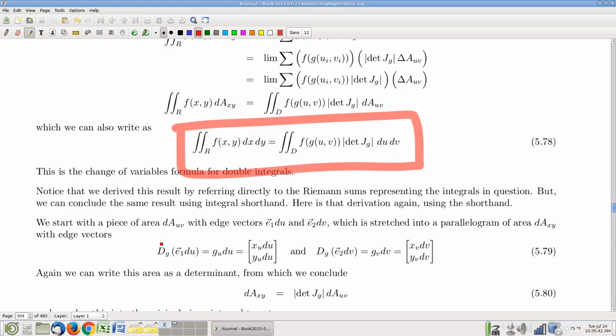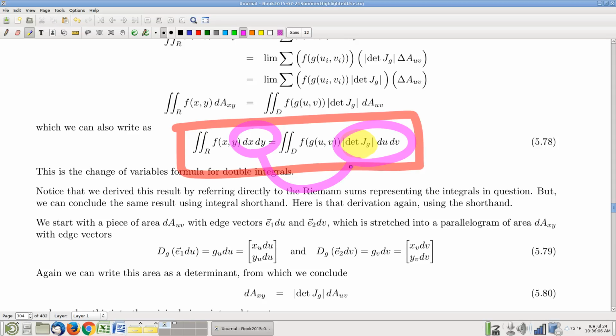It looks like, wow, that's a lot to memorize, right? All this is saying is if x and y are functions of u and v, sure, stick them in there. Just don't forget your stretching factor. There's one thing you have to remember to insert to account for the fact that xy areas are not the same as uv areas.